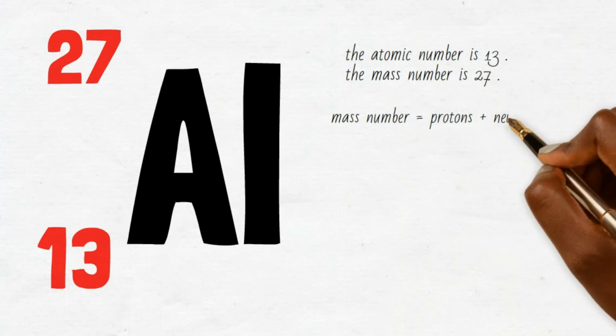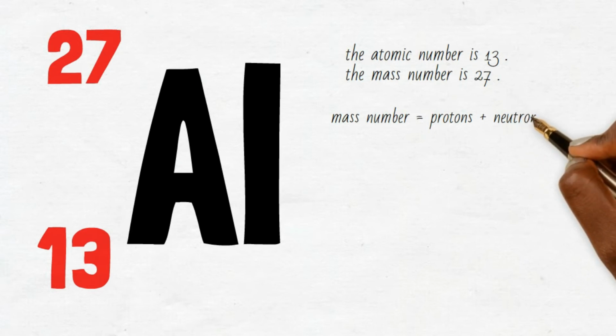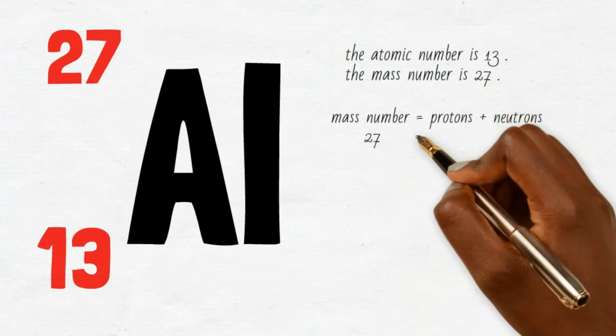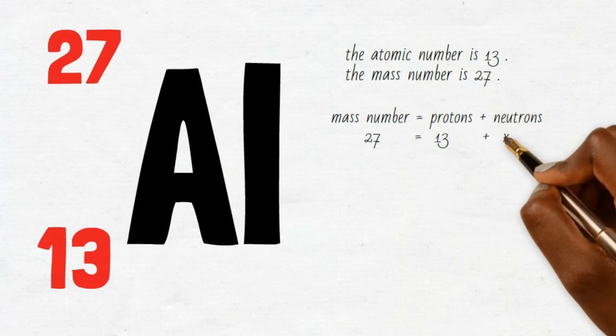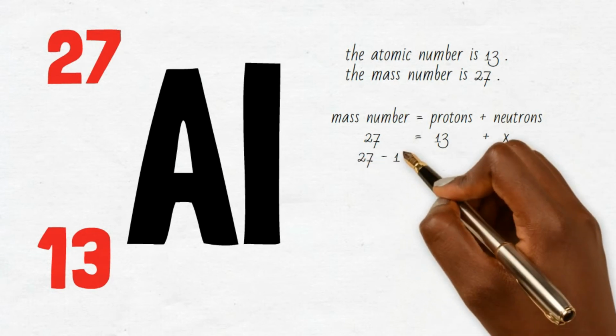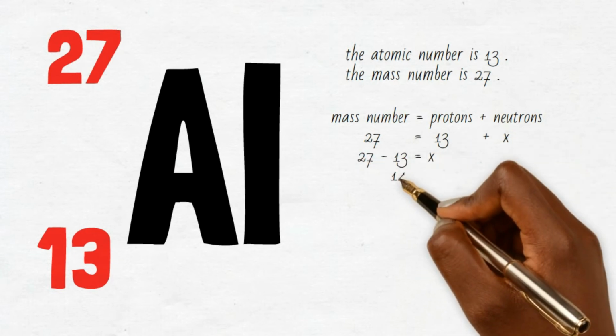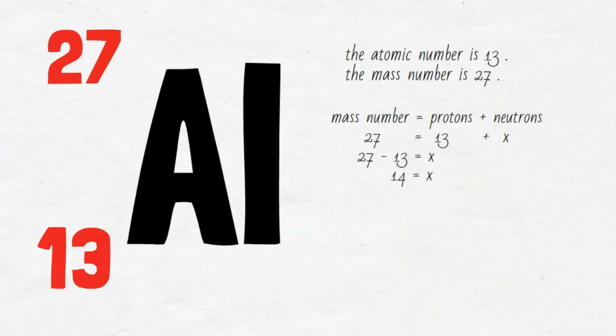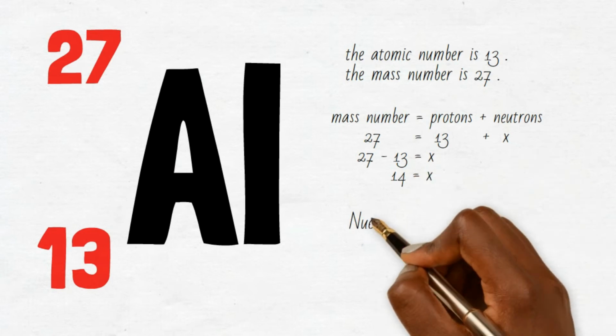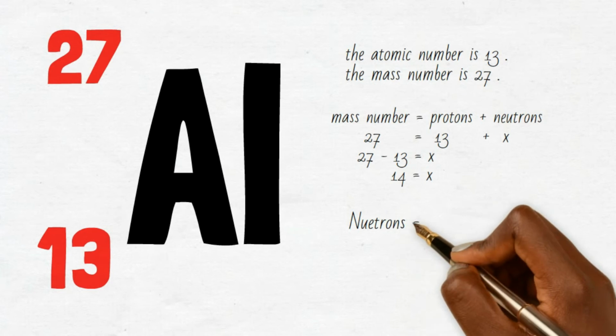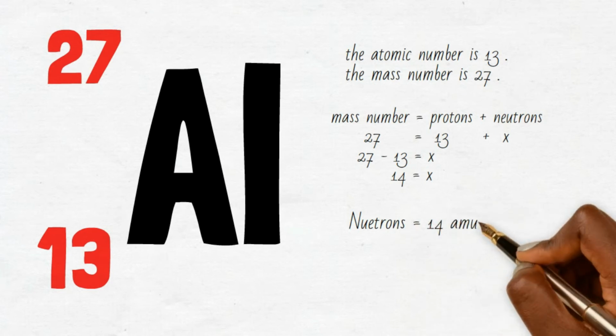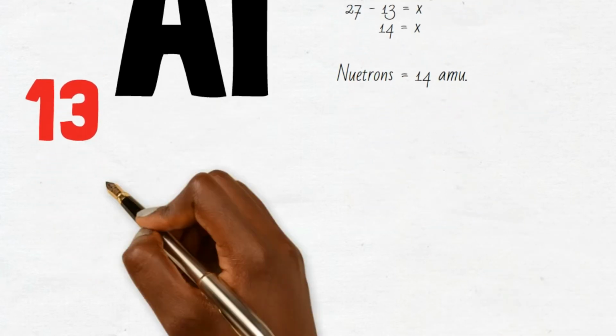So that is 13 plus x gives us 27, and that is rearranged to find x, if x represents the number of neutrons. So it's 27 minus 13, which gives us 14 neutrons.